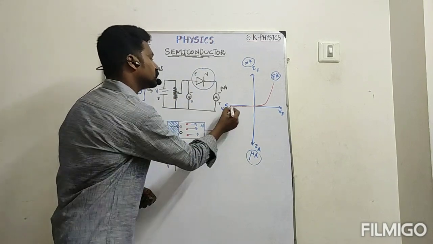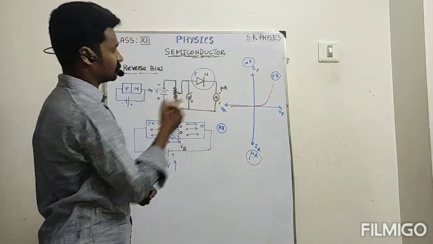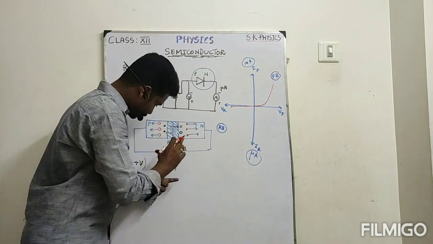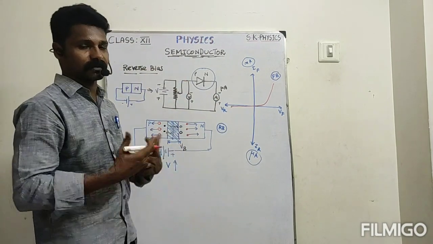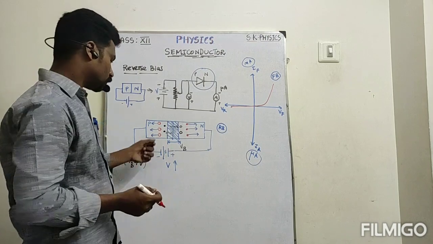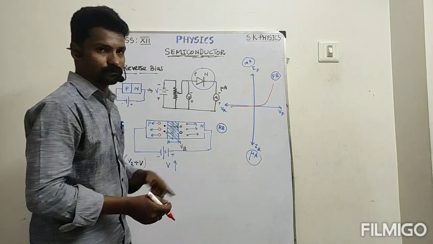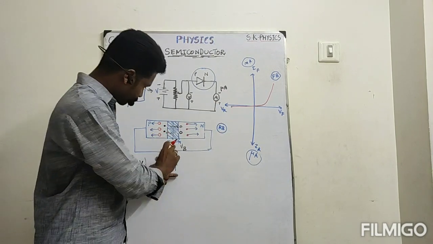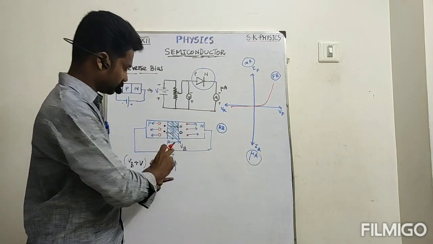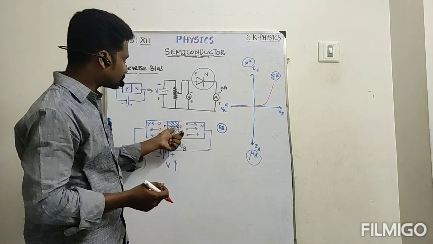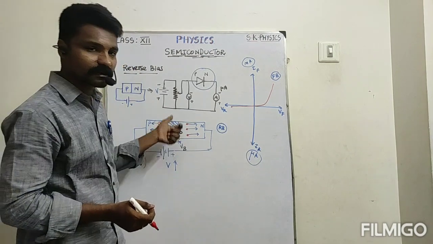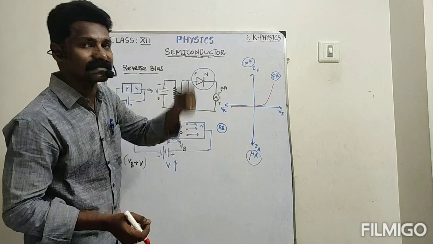After reaching the saturation point, while increasing the reverse potential again, what happened? The acceleration of the minority charge carriers is rising.